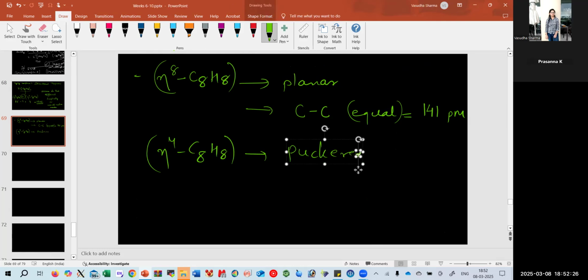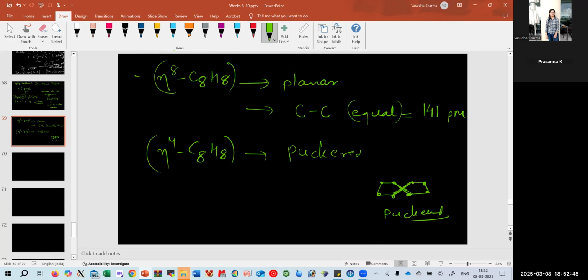It would be a kind of tilted system. 1, 2, 3, 4, 5, 6, 7, and 8. So this is your bucket system, having double bonds, right? In this system, it is a kind of butadiene system. You have also seen the butadiene, so this makes a butadiene system, which is not planar.